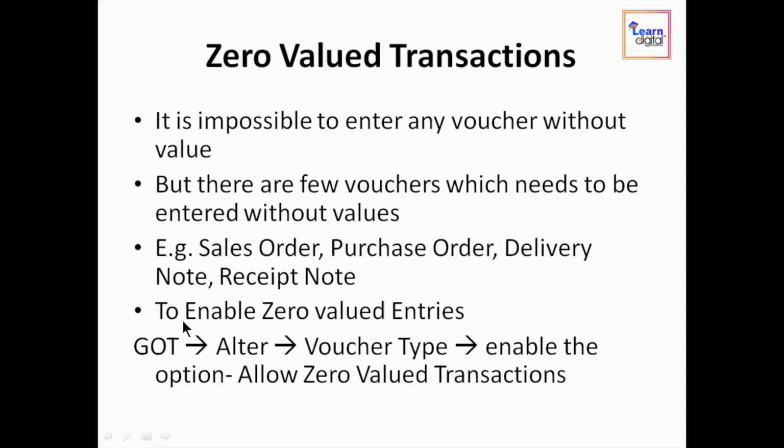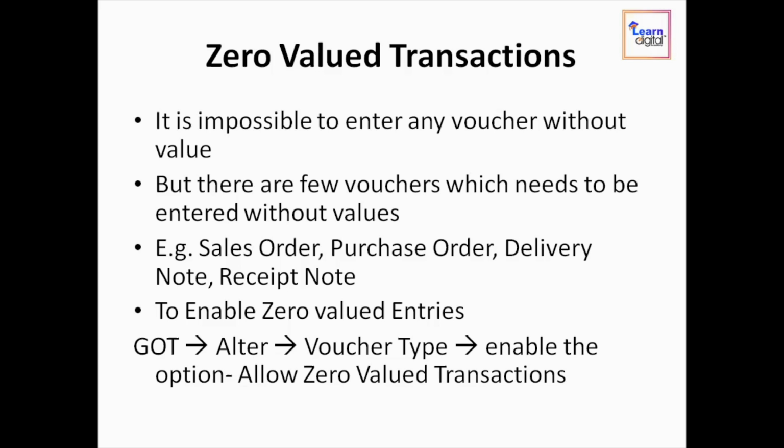For such transactions, we need to enable zero valued entries. How? Gateway of Tally, alter, voucher type, enable the option allow zero value transaction. In this way, we can have zero valued transactions.